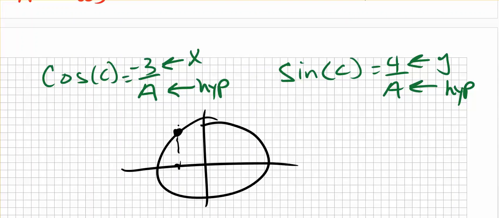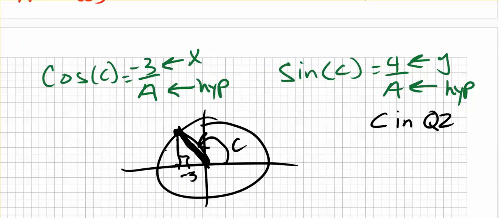So that puts us in the second quadrant. And this slope, when you're moving from left to right, is negative. So this is our angle C. C is in the second quadrant. C in Q2, quadrant 2. This is negative 3. This is 4.